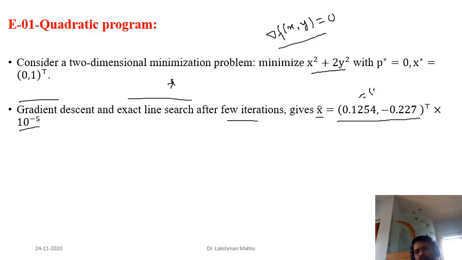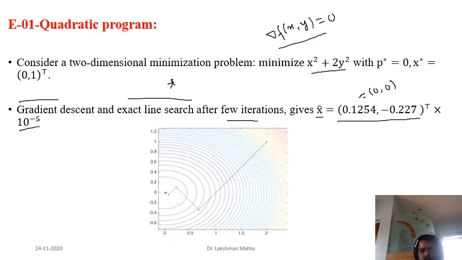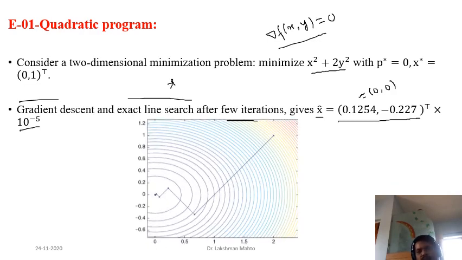Actually after a few iterations we are not exactly getting the optimal point, but we are arriving very near to the optimal point 0, 0. And in the figure you can observe the movement of the iterates in this gradient descent. Suppose this is your starting point or initial point, you call it x naught. You started from here and you know the geometry of gradient descent.